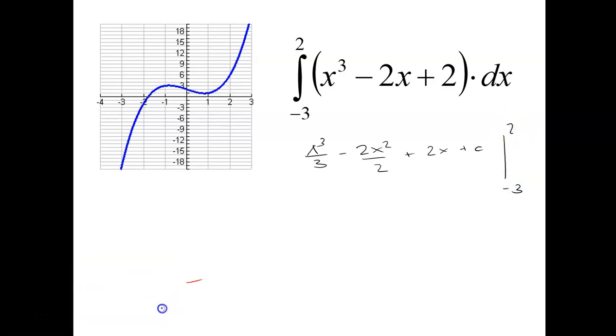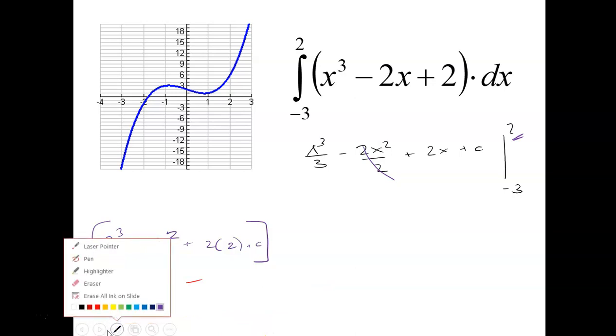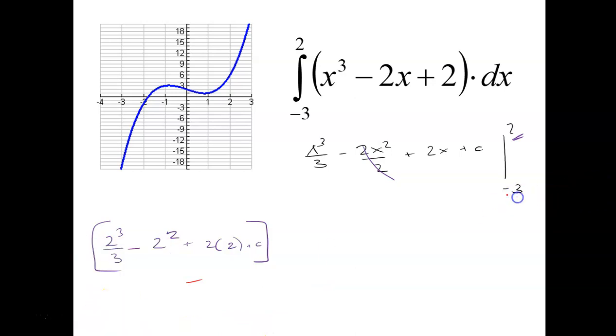All right, so I'm going to plug in a 2. So I'm going to get 2 cubed over 3 minus, I'm just going to reduce this, so it's 2 squared plus 2 times 2 plus c. And then I'm going to do my lower limit. And here's where I want you to be really careful.